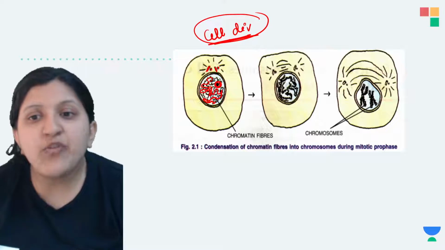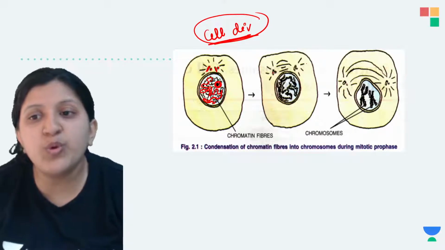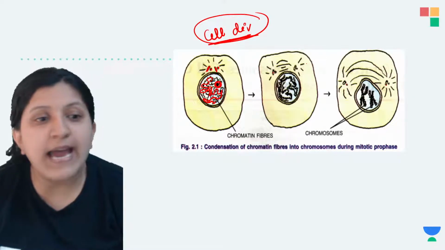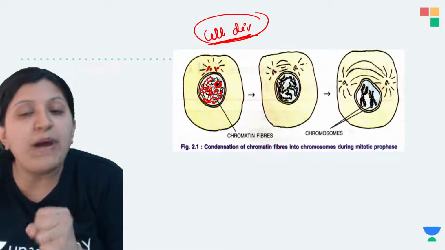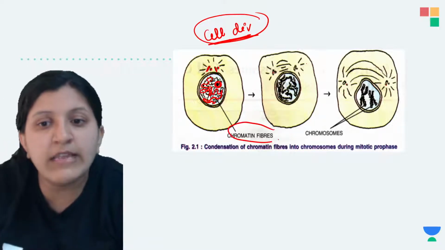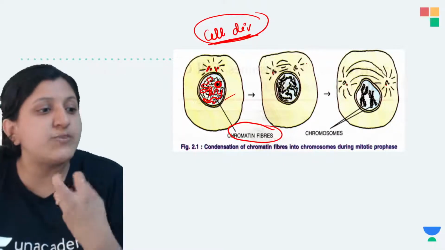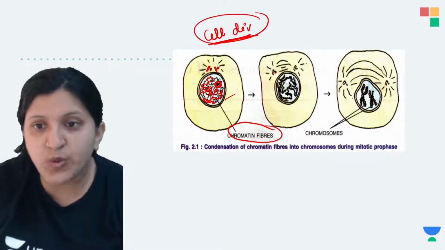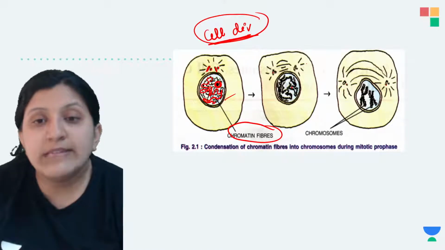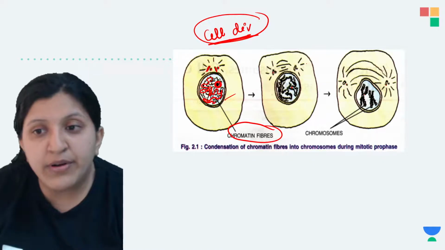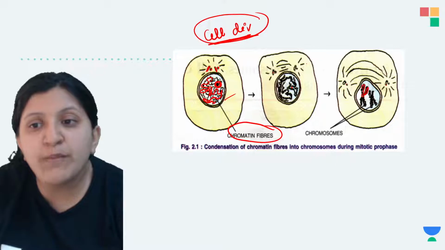Then this starts to move towards the pole, and as the centrosome moves towards the pole, you can see this chromatin fiber has condensed to form a chromosome.